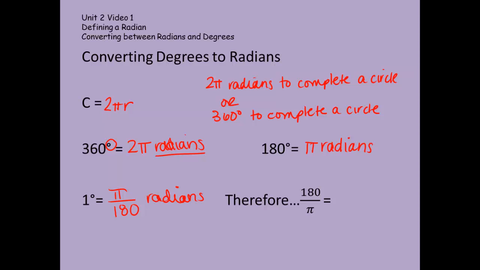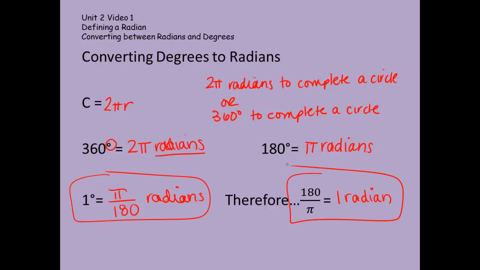And if I want to go the other direction, then I would say that 180 divided by pi is equal to 1 radian. All right, we're going to use these two right here as our converting factors, so keep those in mind as we go on to the next couple screens here.